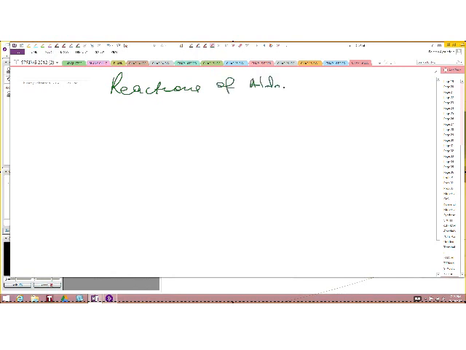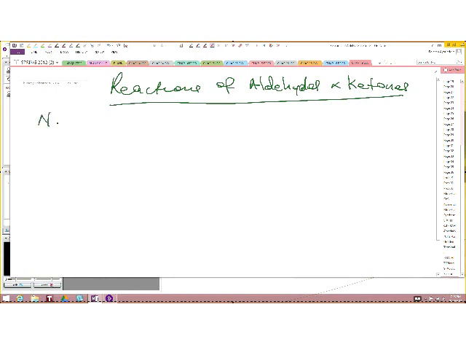Reactions of aldehydes and ketones. I want to start off with what we refer to as nucleophilic addition reactions. Very important set of reactions. Nucleophilic addition reactions of aldehydes and ketones.